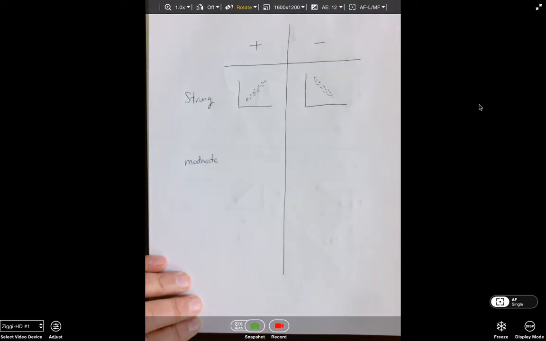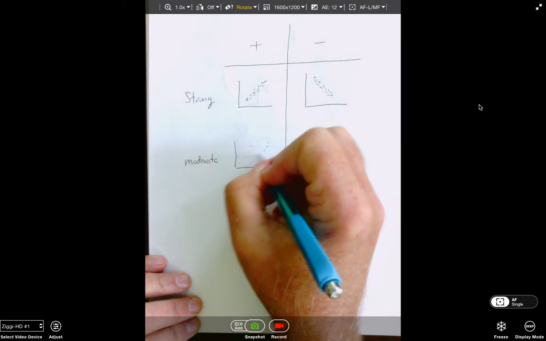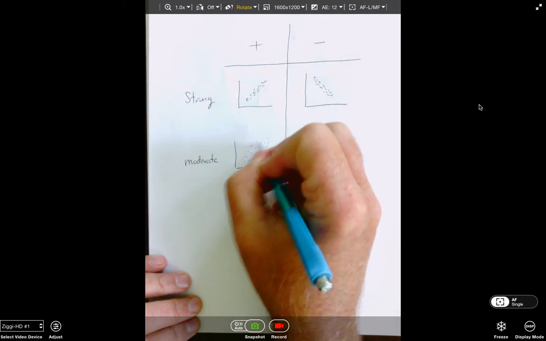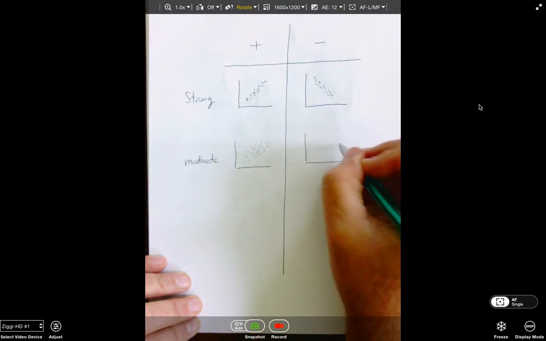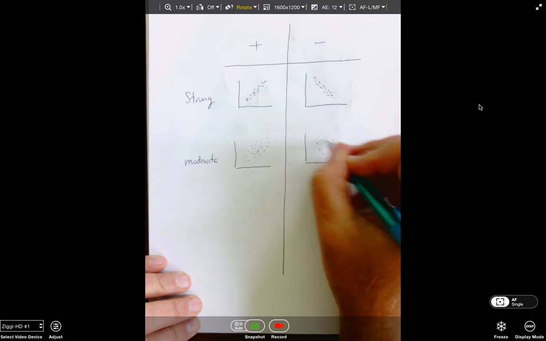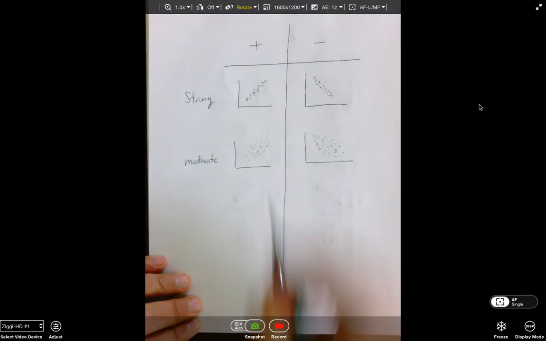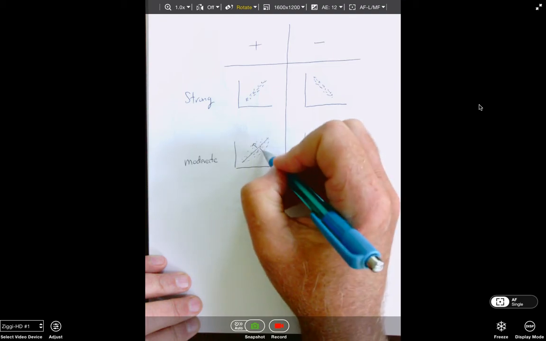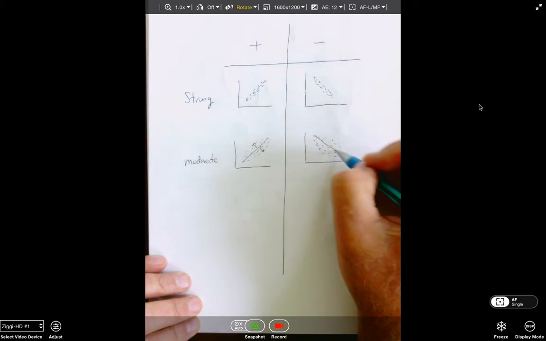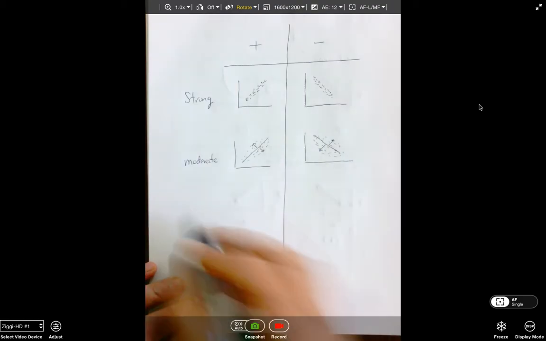Next, we want to look at a moderate relationship. Guys, moderate relationships have a little bit more spread to them. Moderate positive. Moderate negative. When you think about that line going through the central focus of the data, there's a little bit more variation in each of these than you see in a strong positive or negative relationship.